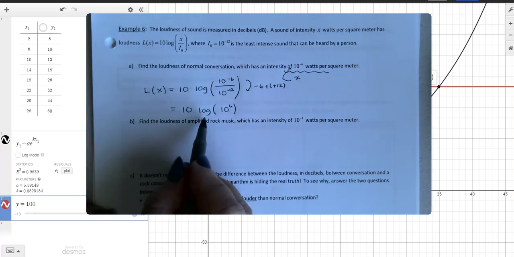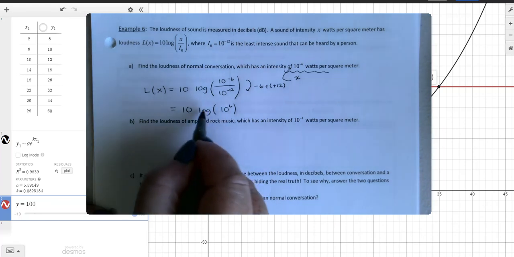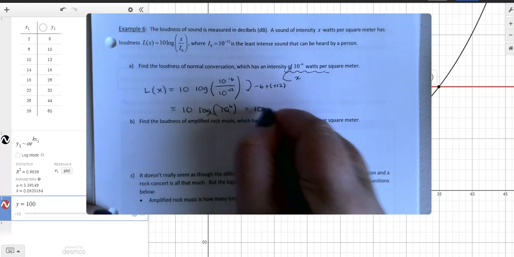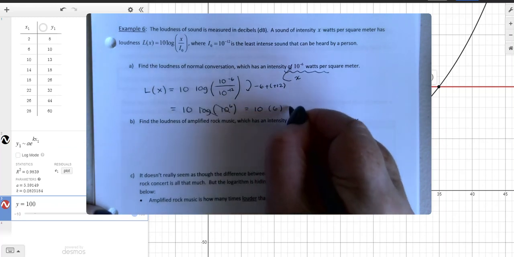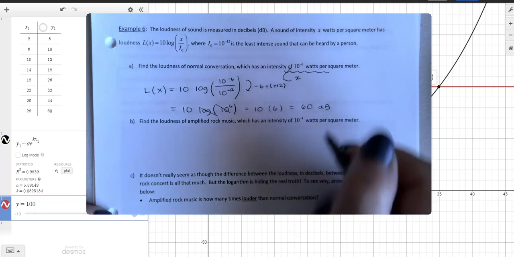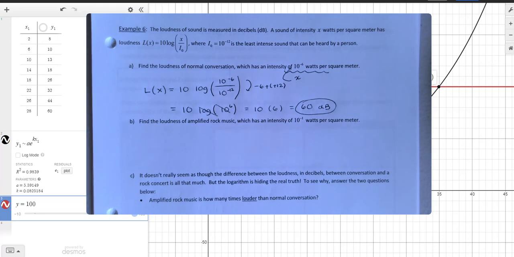And notice I have a log base 10 and an exponential base 10. Those are inverse functions. So I end up with 10 times 6, or 60 decibels, for the loudness of normal conversation.